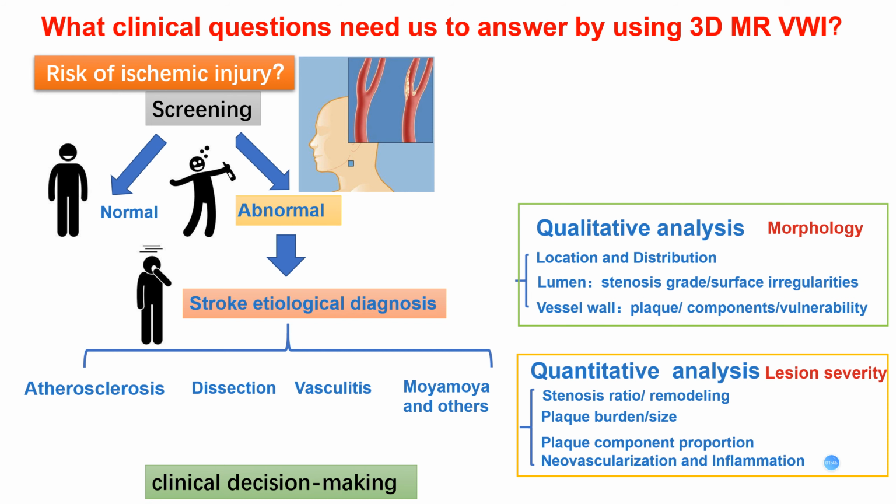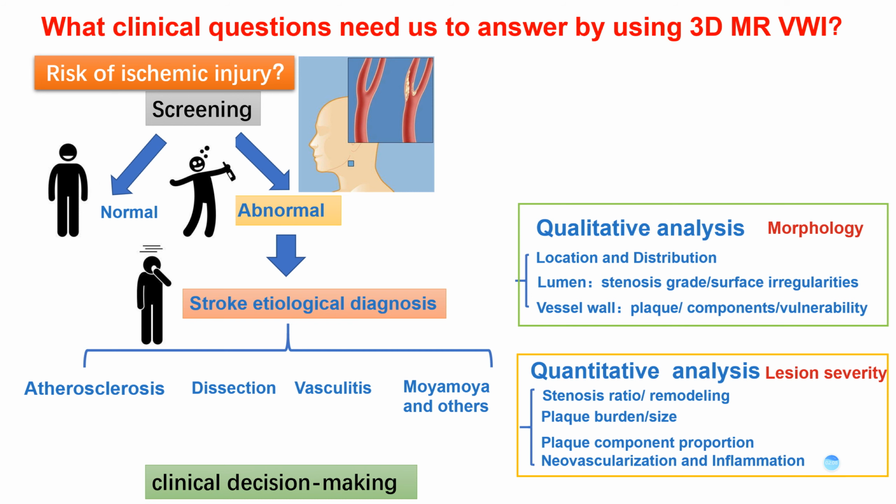For subjects with advanced carotid lesions or who are involved in research projects, quantitative analysis, including vessel remodeling, plaque burden or size, and plaque component proportion, is asked to be collected.